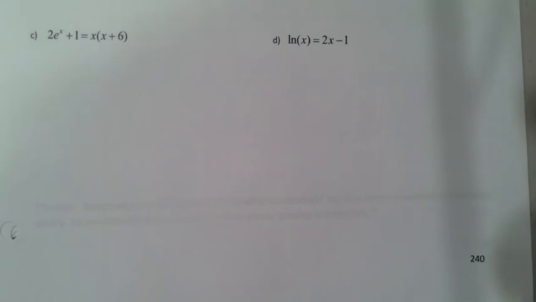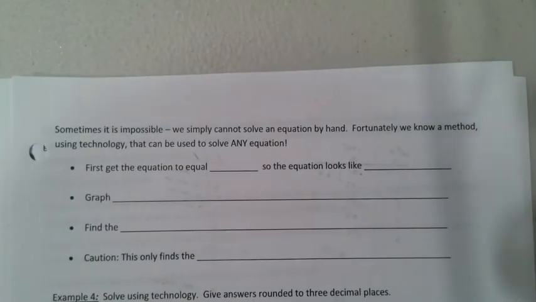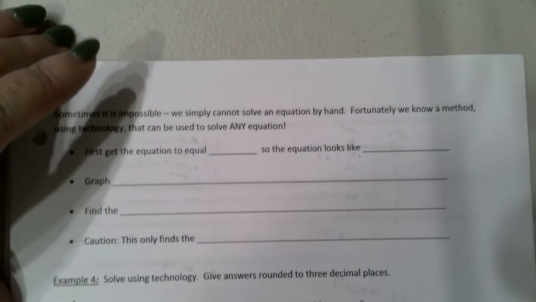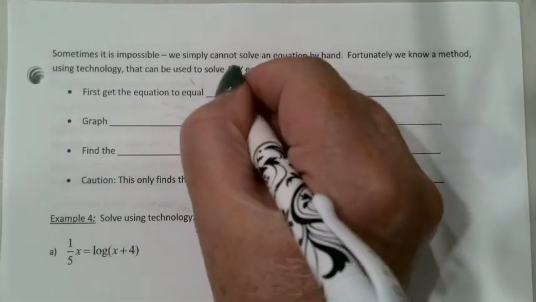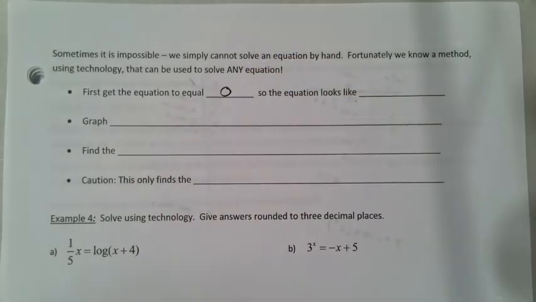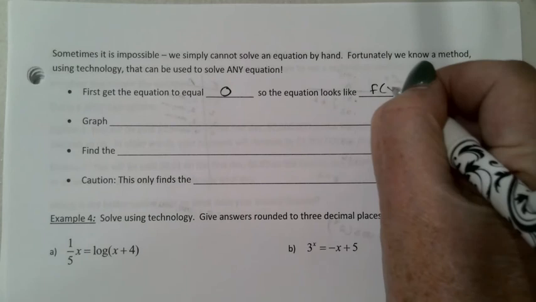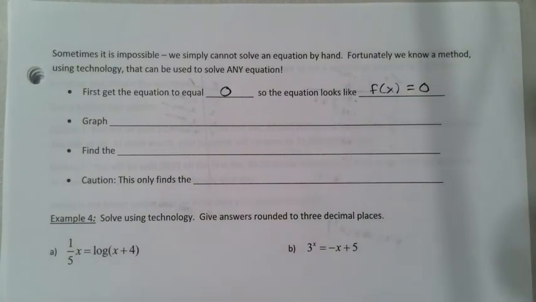All right, like I said, you kind of have to have a pretty special case where factoring works out in order for that to happen. More often, when you've got a mixture of different function families in your equation, we just can't solve it by hand. Fortunately, using technology, we know a method already that will allow us to solve any equation. What we've been doing is first of all getting the equation to equal 0. So the equation takes on the form f of x equals 0.